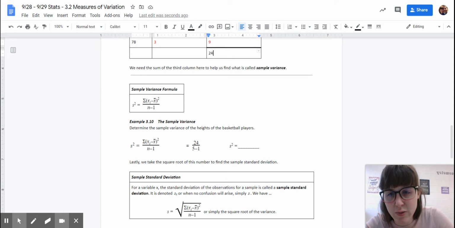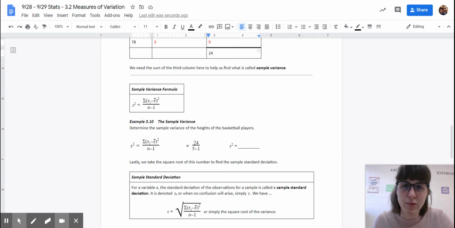So if you see here in this formula, sample variance is found by taking the sum of the squared deviations. So that number we just found, 24, is what goes on the top of this fraction. And then you're going to divide by 1 less than the sample size.